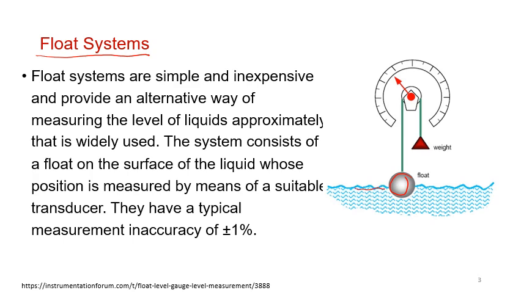As the liquid level increases, the float will go higher, and with the help of this weight, the roll will rotate, causing the pointer to move and give me the indication of the liquid level at that position. This kind of measurement has a typical inaccuracy of plus or minus 1%. That means there is 99% accuracy for this kind of measurement.